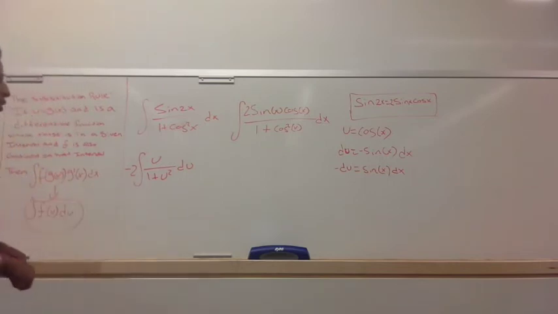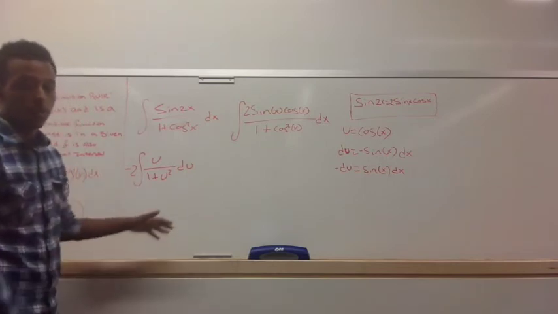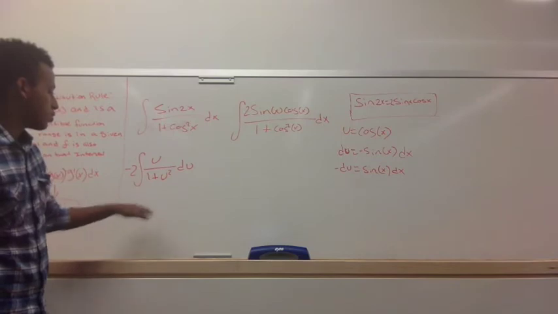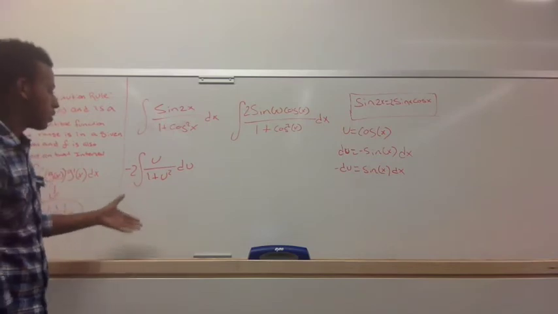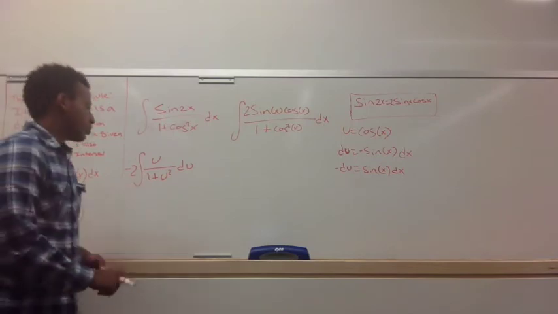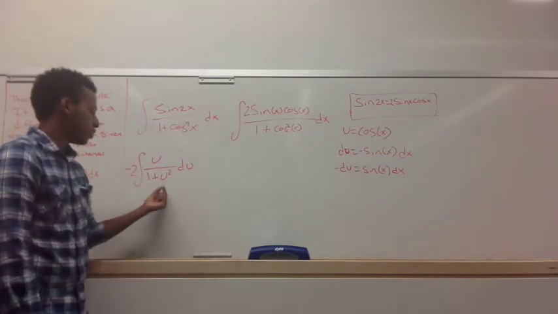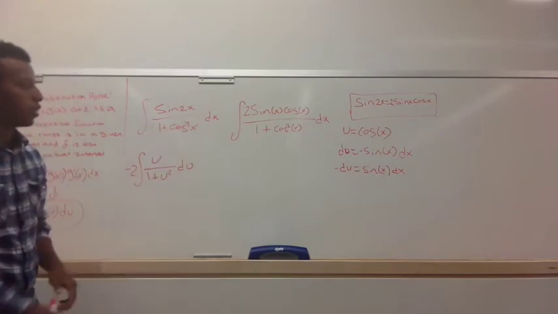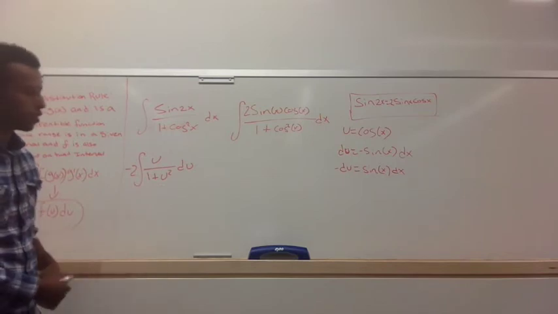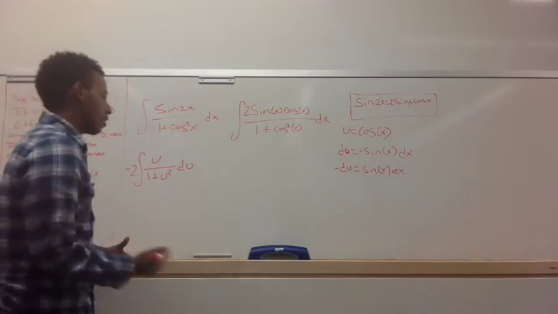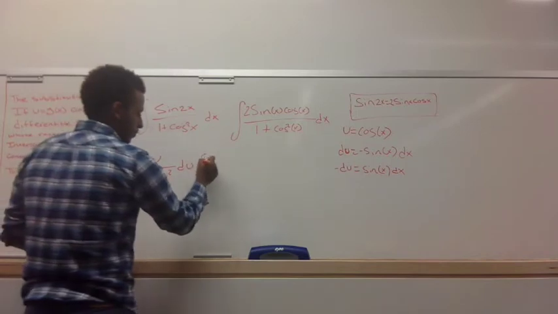From this point, we have to do another substitution, and now you just have to choose a new character, because you've already used the u. It could be anything, as long as you don't get it confused. I'm just going to go with s.